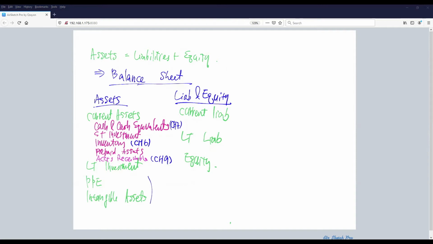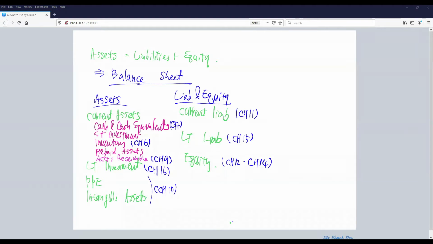And then we studied PP&E and intangible assets in chapter 10, current liability in chapter 11, long-term liability, if my memory serves, in chapter 15, equity from chapter 12 to chapter 14, and short-term and long-term investments in chapter 16, I think.